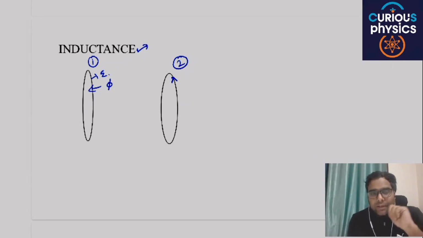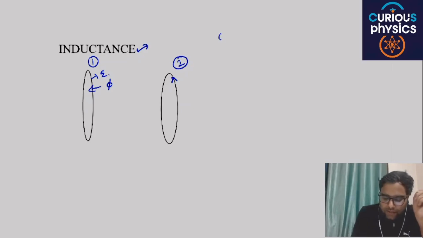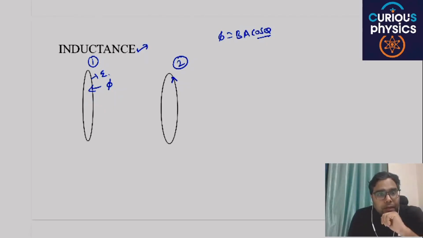The magnetic flux in coil 1 is basically BA cos theta.